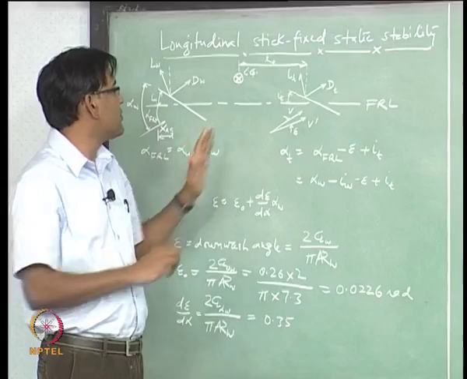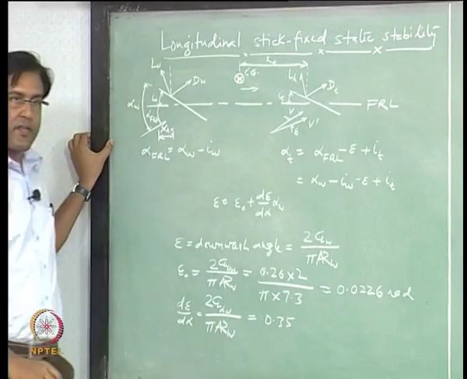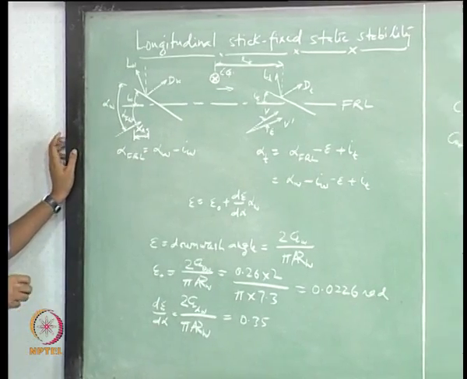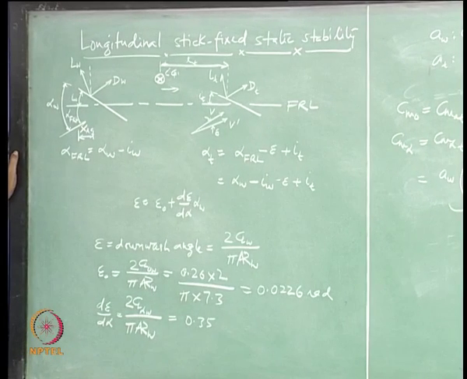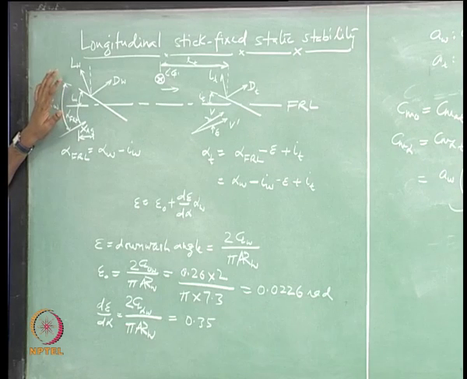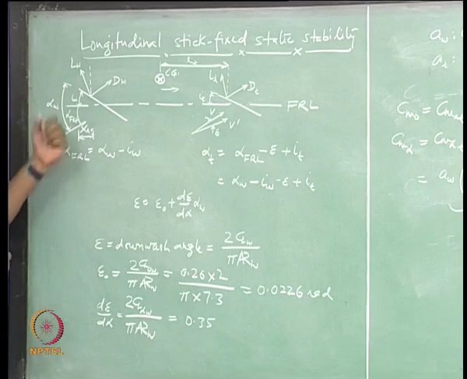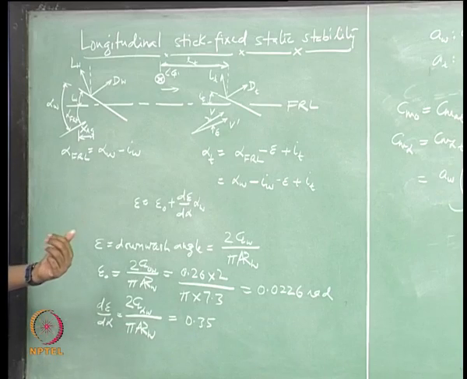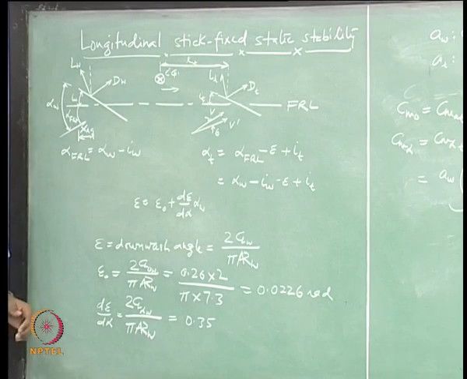I move the Cg closer to the tail, you will have lesser stability because the wing is having a destabilizing effect, right, and that destabilizing effect will be more if I move this Cg forward towards the tail, right.